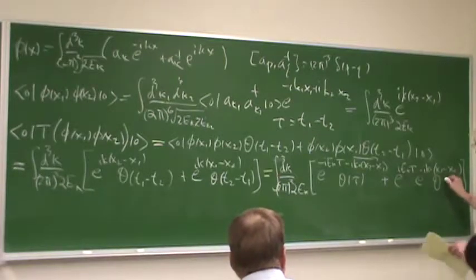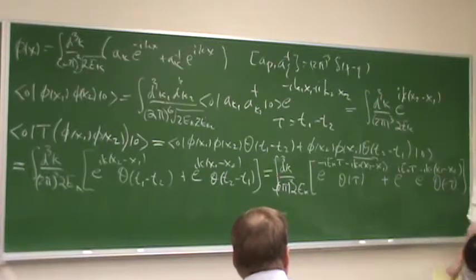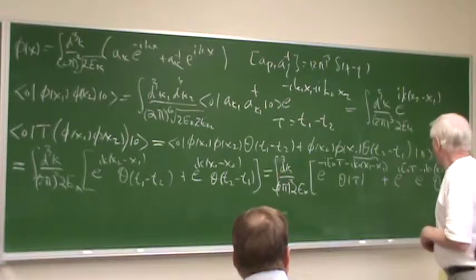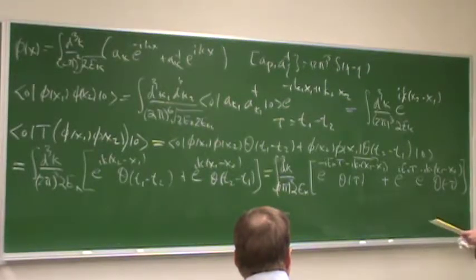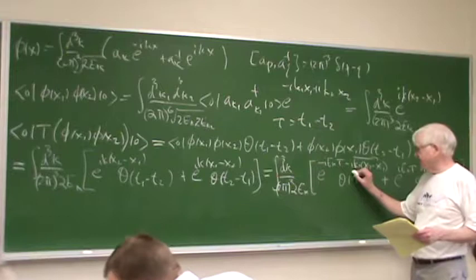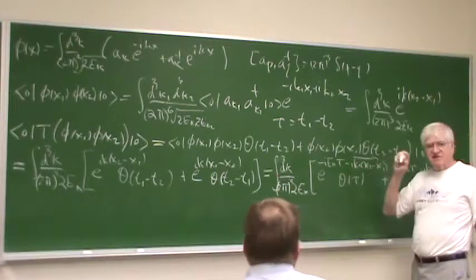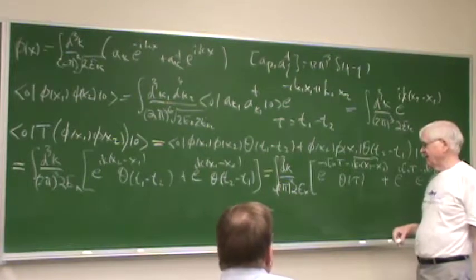Times theta of minus tau. All right. So we want to combine these a little bit. And so what we do is in the first integral, we flip the 3-vector k to minus 3-vector k.